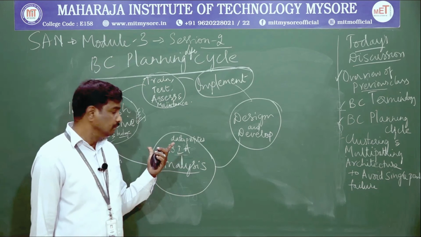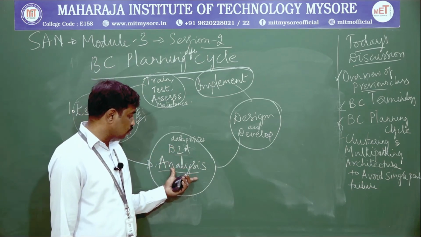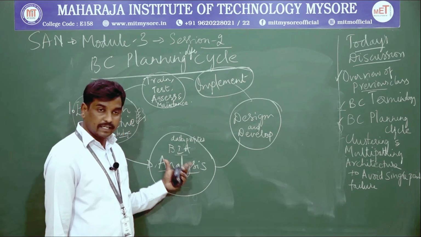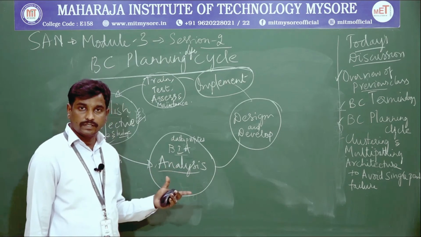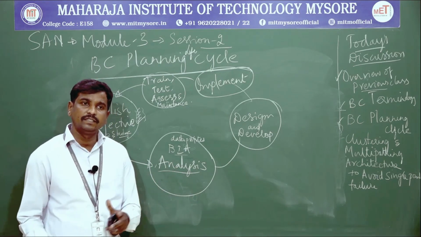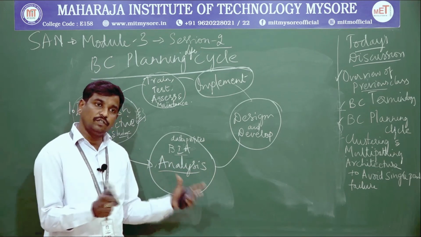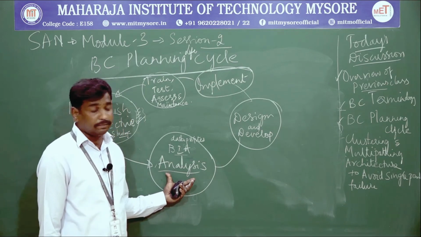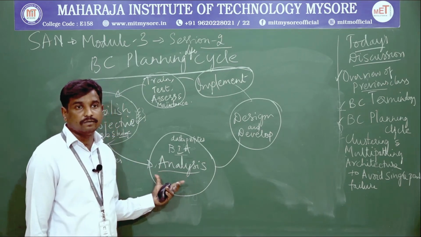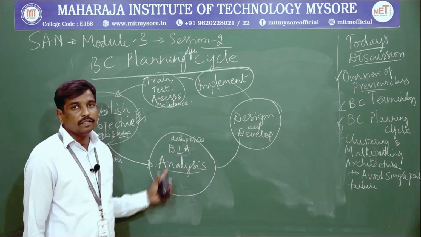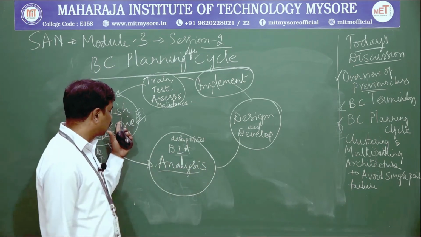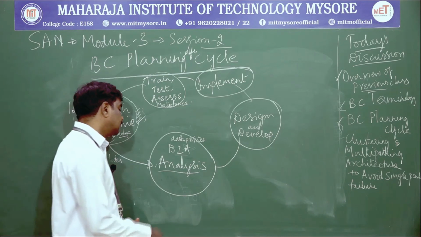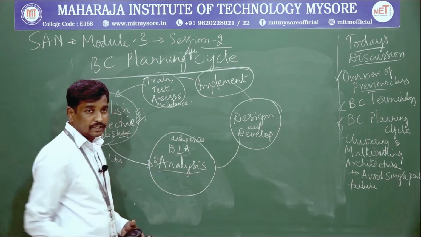That means that if we are using recovery operations, we check whether the cost is reduced or not, or whether we can replace with new components instead of recovering components. Those analyses in all dimensions will be done in the analysis part. Along with that, we evaluate all the options which we have fixed for each objective in the analysis part. Next, this is the second stage of the business continuity plan.